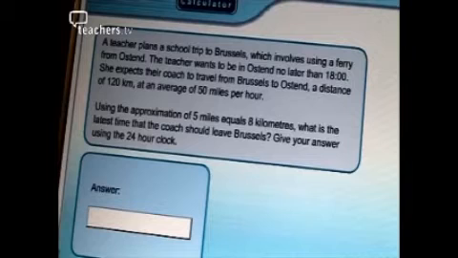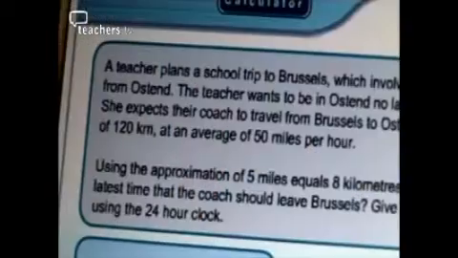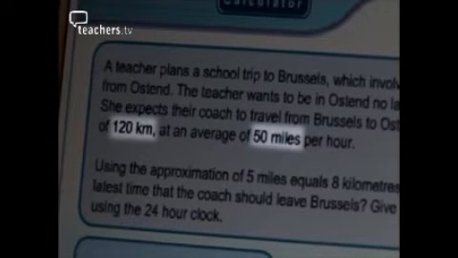How do we start? The first thing to realise is that we must do this question in stages. First of all, we have kilometres and miles. Which unit of measurement are we going to work in? Now, you might want to jot some things down.